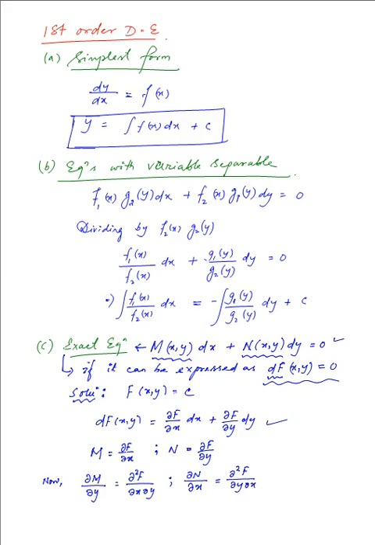It doesn't matter if we take the derivative first with respect to x and then the partial derivative with respect to y for f, because it depends on both x and y. So the right hand side terms are the same, and therefore we conclude that the left hand sides must be the same, and this is exactly the essential or necessary condition for an equation of the form M dx plus N dy to be exact.